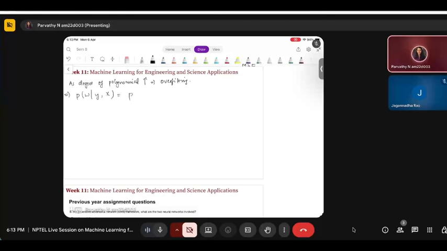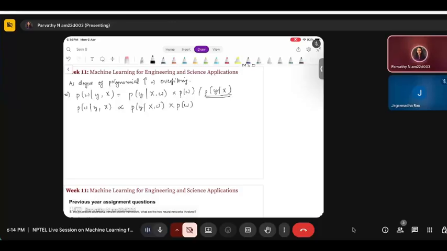We can write this using Bayes as the likelihood times the prior P of W, divided by P of y given x. This term does not depend on W. It is a constant normalizer, so we can remove that term, and this is proportional to P of y given x comma W into P of W.